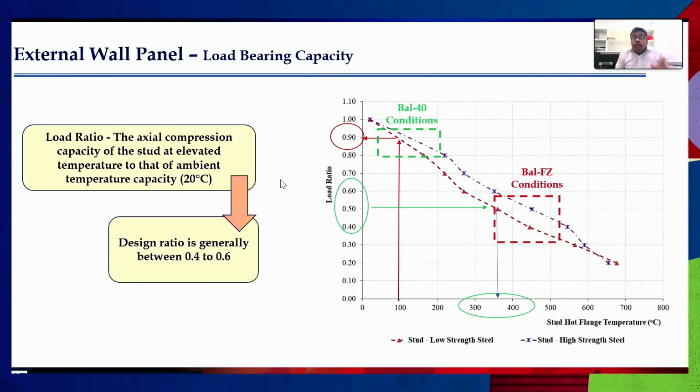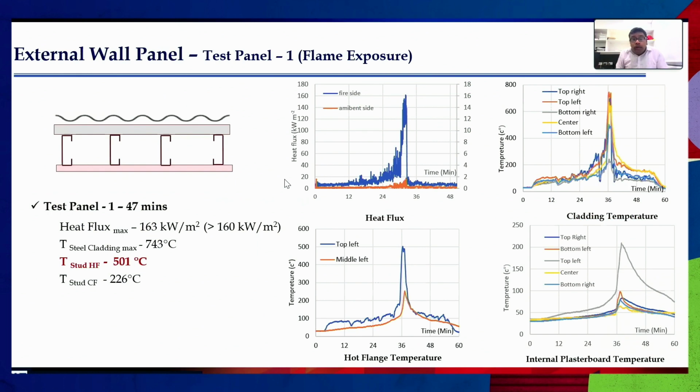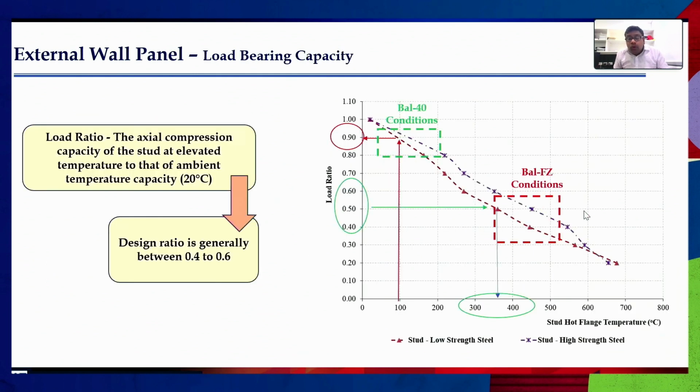So when you look at that 500 degrees Celsius, how do we transfer that to a load carrying capacity? When you transfer that to a load carrying capacity, it will come to a load ratio of roughly 0.4 to 0.6. Now, what does the load ratio mean? It is how much the steel can carry at an elevated temperature compared to the ambient temperature. Of course, when you design a building for ambient room temperature to the fire, you normally end up with 0.4 to 0.6 load ratios.